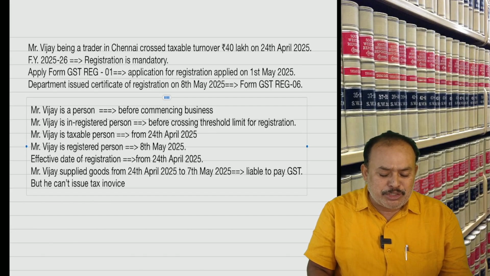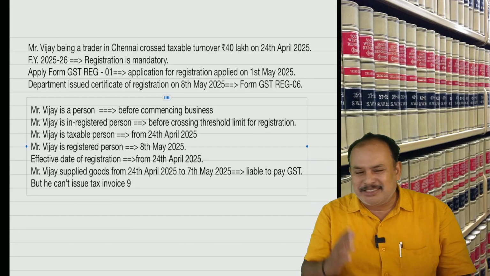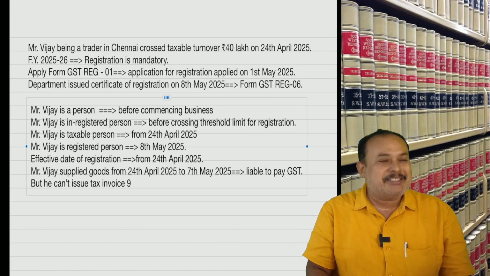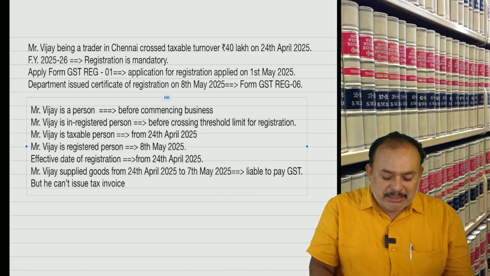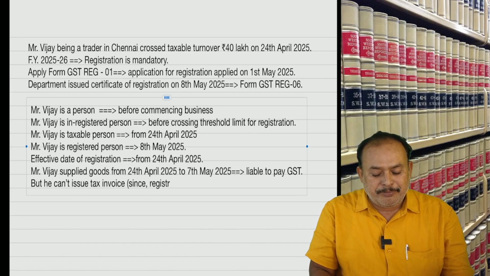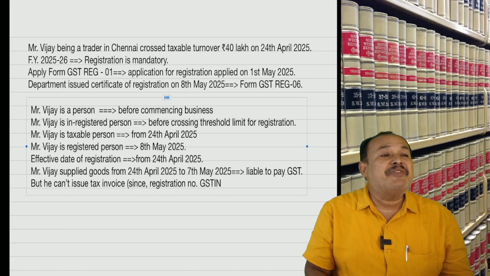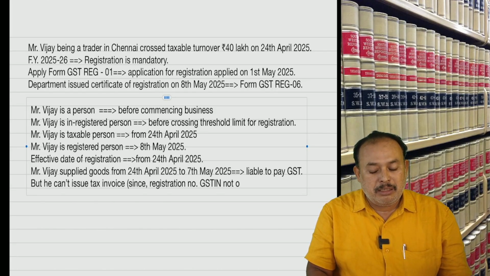Why is he not able to issue a tax invoice? Tell me, bro. You are the master. If you understand, tell me. Yes, there you are. Perfect. Since registration is not yet obtained, there is no registration number, that is GSTIN, goods and services tax identification number, not obtained.